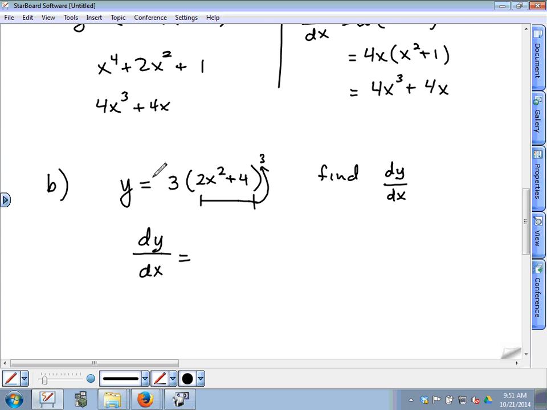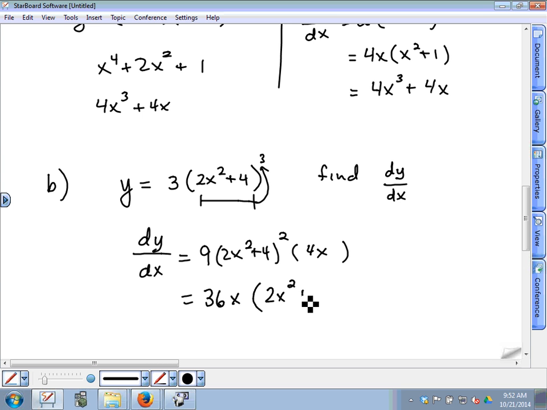You drop down the 3 to make 9, and then you decrease the exponent, but then you have to multiply by the derivative of the inside function, which is just 4x, and then you simplify a little bit. 9 times 4x is 36x times (2x squared plus 4) squared.